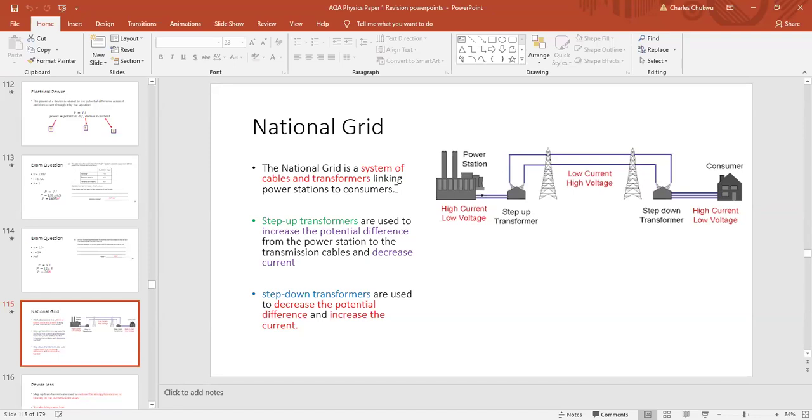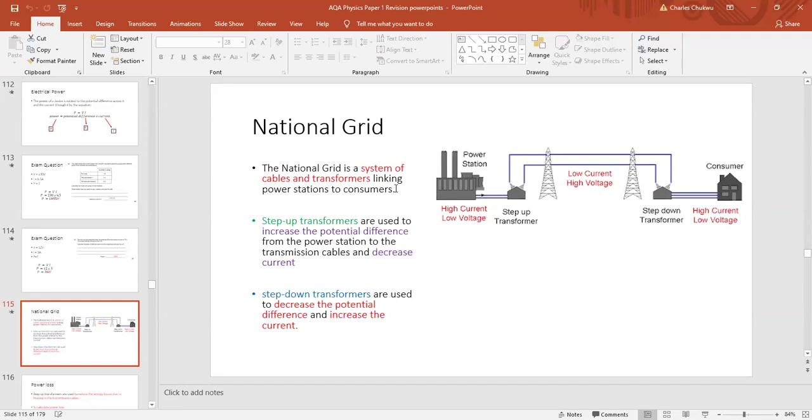So on the national grid end, you have step-up transformers that will ensure that the voltage is high. And that's the reason why high tension cables are called high tension cables. They are dangerous, I mean, an electric shock from them can be fatal.